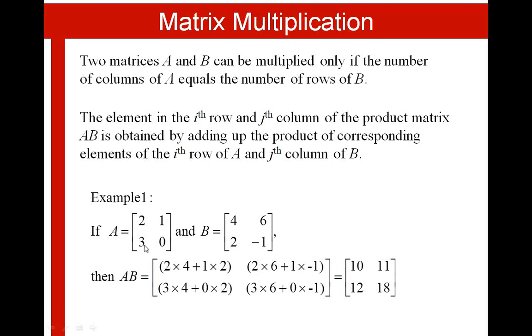Then we start with the second row. 3 times 4 plus 0 times 2 is here. Then we take the second row times the second column. 3 times 6 plus 0 times minus 1 will give us this value here. When we add all these up, we obtain the 2 by 2 matrix, which is the product A times B, and it becomes 10, 11, 12, and 18.